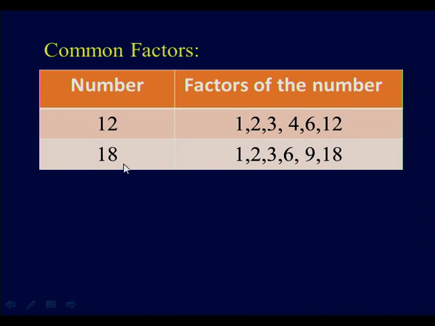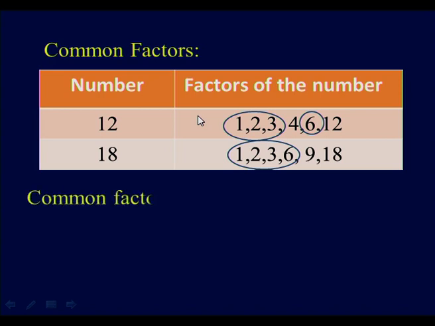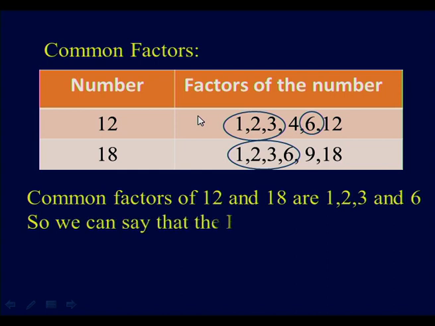What are the factors for 18? 1, 2, 3, 6, 9 and 18. Now, in these two sets of factors here, what are the common factors you observe? Let us see here. The common factors of 12 and 18 are 1, 2, 3 and 6.